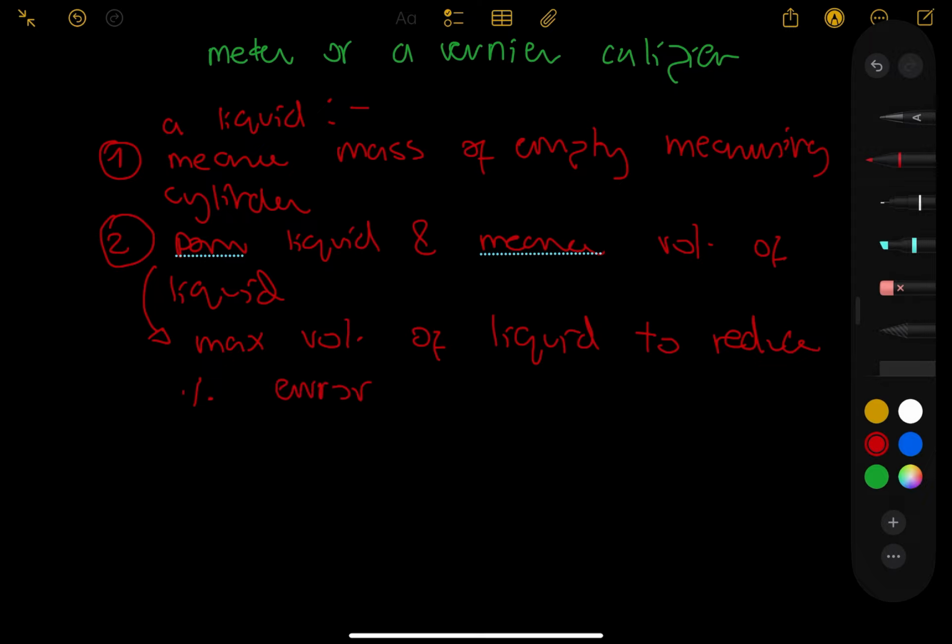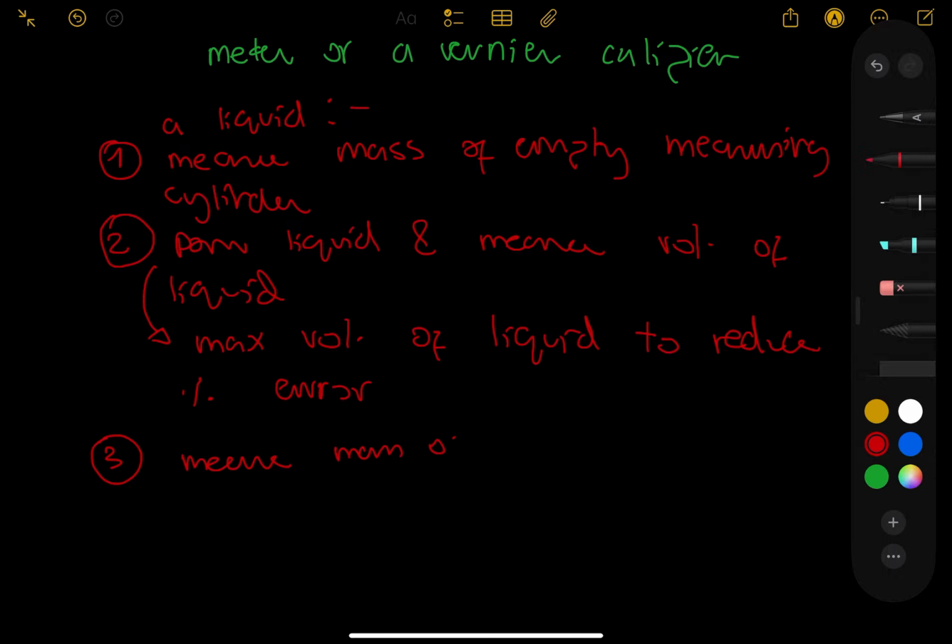And we've talked about percentage error before, but it's essentially the greater your quantity is, whether that's a mass or a volume, the less the percentage error is going to be because we're dividing by the quantity. And then you can measure the mass of the cylinder and liquid to calculate the mass of the liquid.